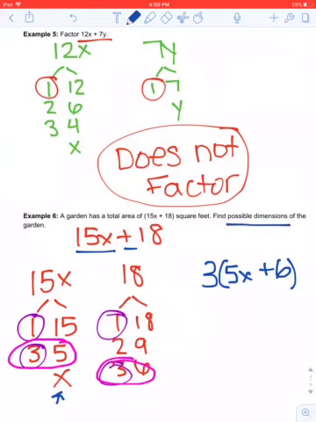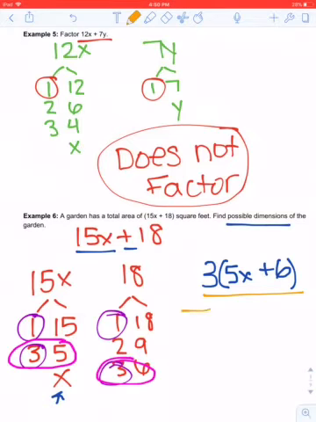Now, it's asking for the possible dimensions, so what that means is what times what is going to give me the area. Remember that when I have 2 things squished next to each other, like these 2 things, using parentheses, it means multiplication, so that could be the same thing as length times width.